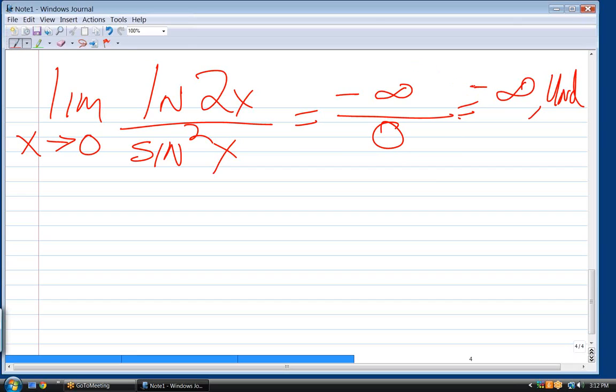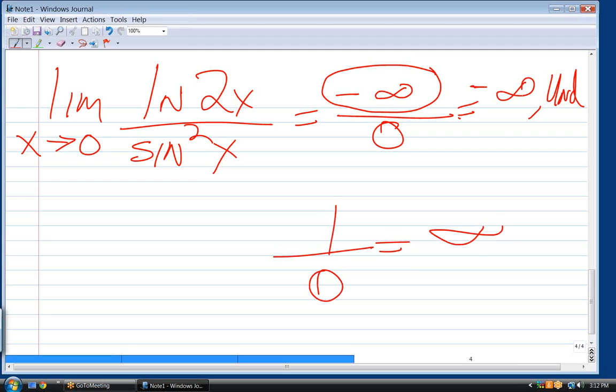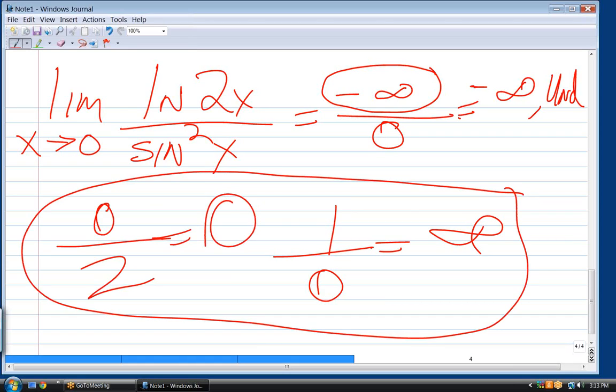You can tell that when you divide an infinitely large negative number by something extremely tiny, you're going to get infinity. In other words, any number divided by 0 is infinity. 0 divided by any number is 0. So whenever you have these two situations, it's a piece of cake.